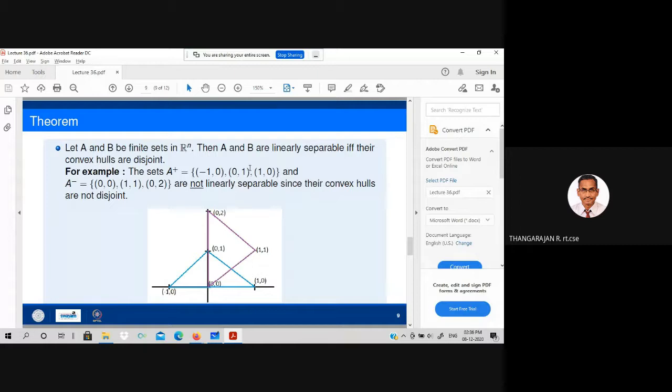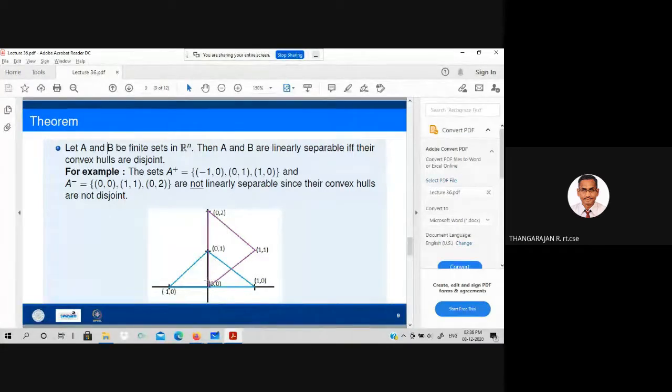Now there is a theorem which says, if you are given some points, how do you say whether they are linearly separable or not? Let A and B be two sets, the violet one and the blue one. They are finite sets. You want to know whether all the points in the purple set, which form one class, and the points in the blue set, which form another class, are separable or not.